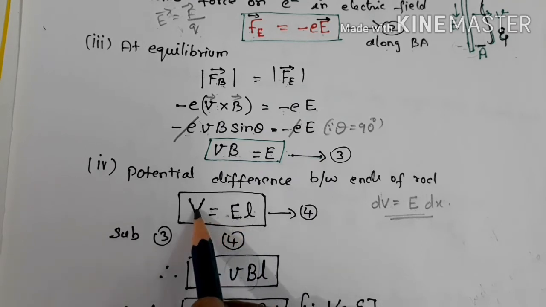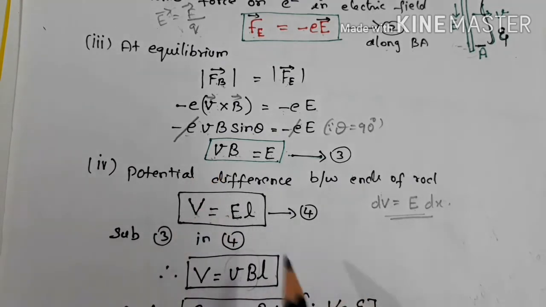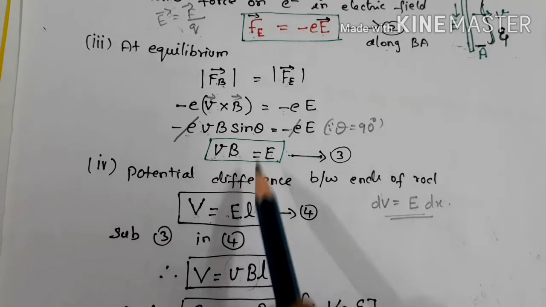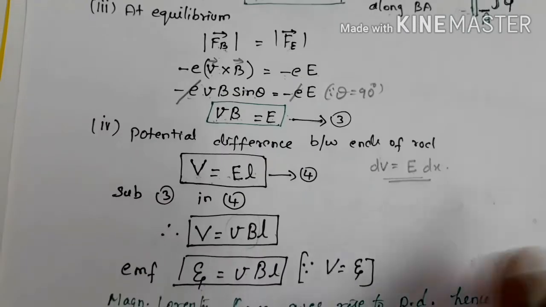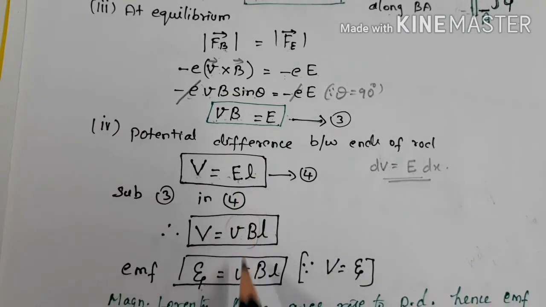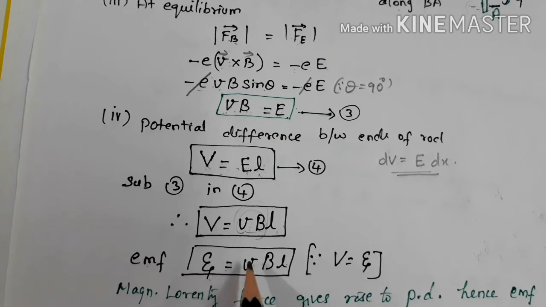Try to differentiate between the capital V, which is the potential, and the small v, which is the velocity of the rod. Now you can substitute this third equation value in this fourth equation. You will get potential V is equal to vB into L. So V can be replaced as EMF epsilon is equal to vBL.